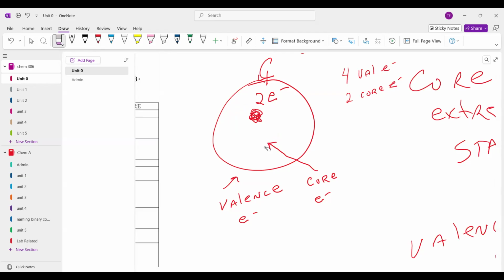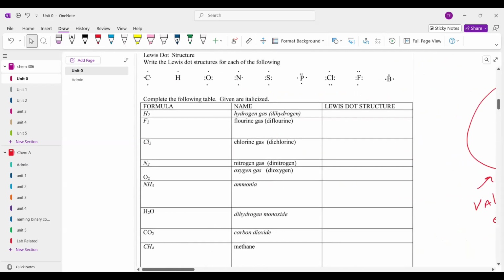Now, if we look over here, carbon has 4 valence electrons, and there are 4 singletons as opposed to pairs. The singletons are where bonds occur, not pairs.